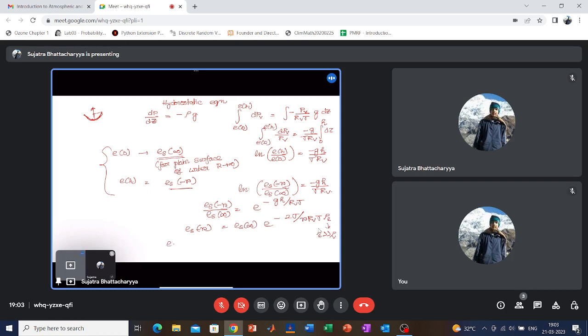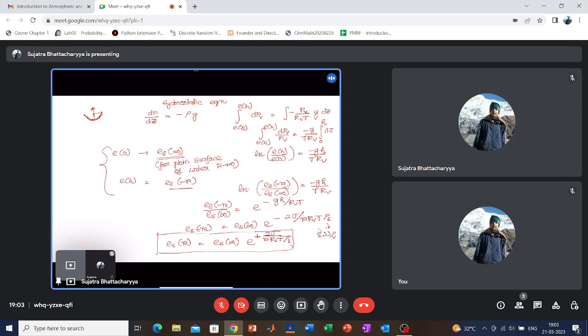Then Es of R will be Es of infinity e to the power plus, because R is already minus R, 2 sigma upon RvT rho L. So that is the final expression.